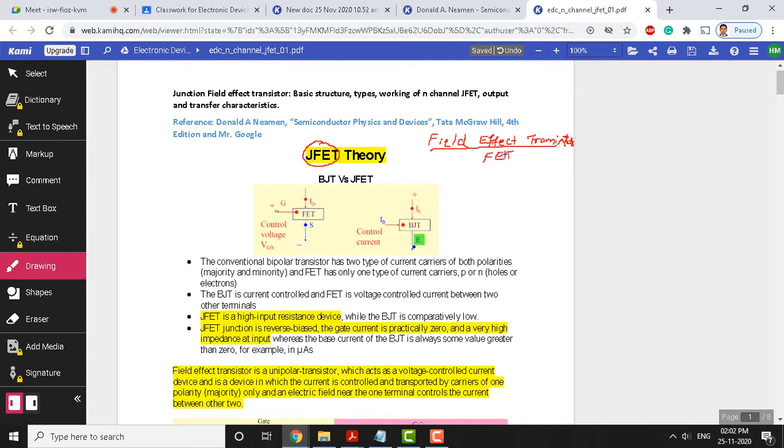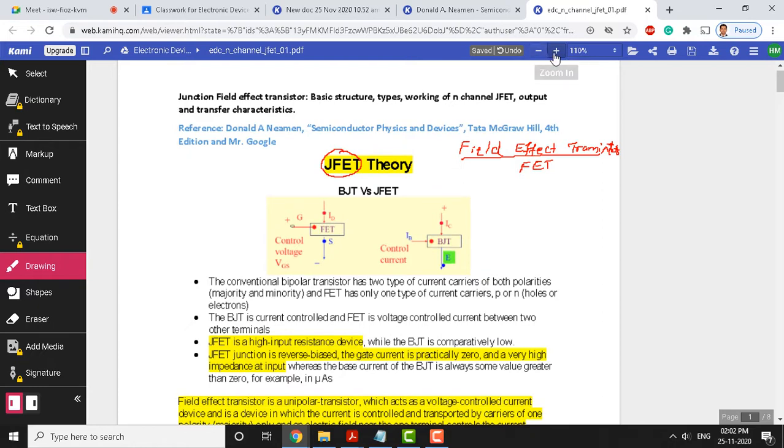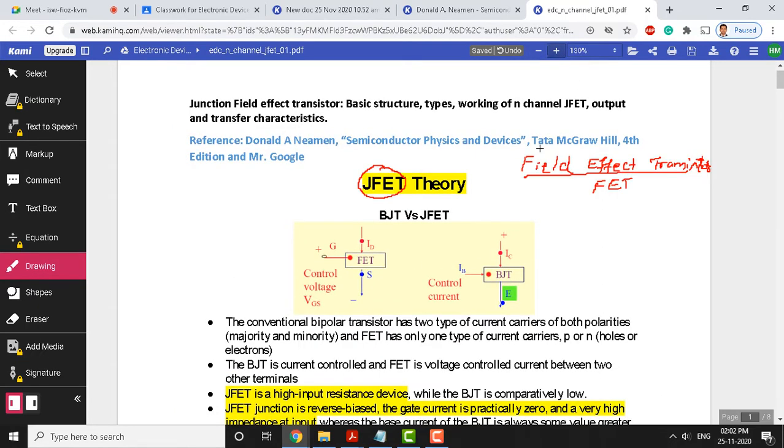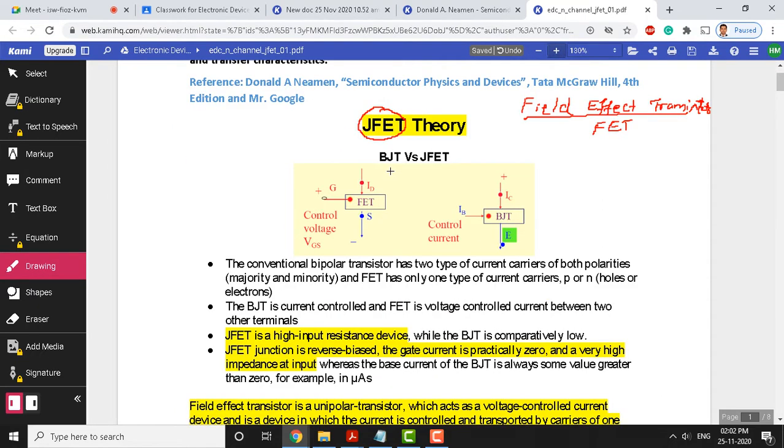Under this, we have a subcategory which is JFET, junction field effect transistor. Let me zoom a little bit so that you can see more clearly. So, this is a subclass of field effect transistor.